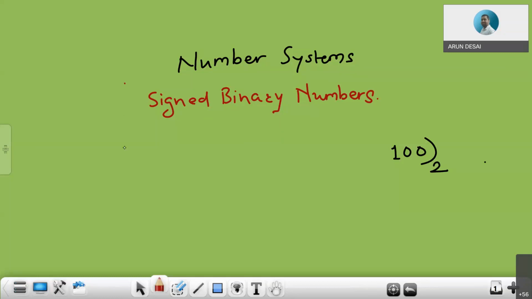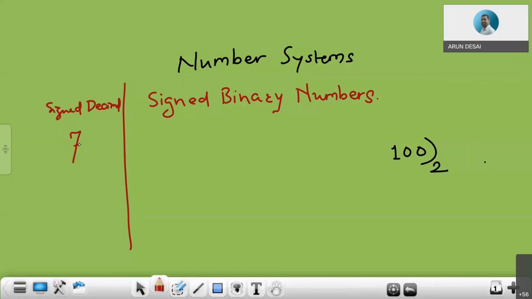Okay, I'll tell you. For signed decimal numbers, if suppose 7 is my number and nothing is there in front of it, then that number 7 is positive in case of decimal representation.